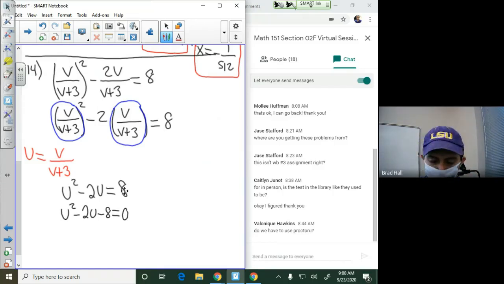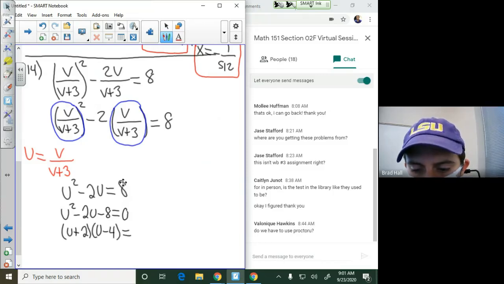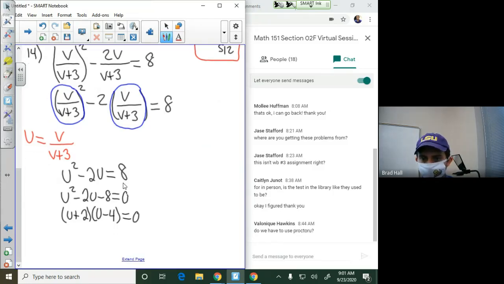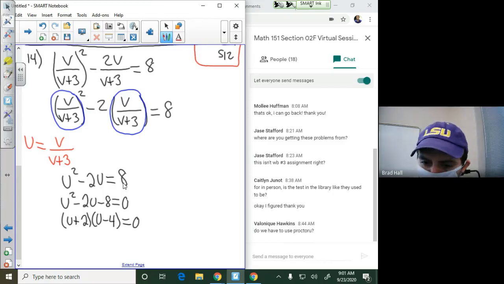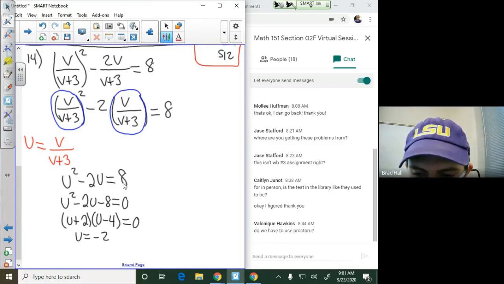We can go ahead and factor that. Plus 2 times -4 is -8, and their sum is -2. So in other words, u is equal to -2 and +4.